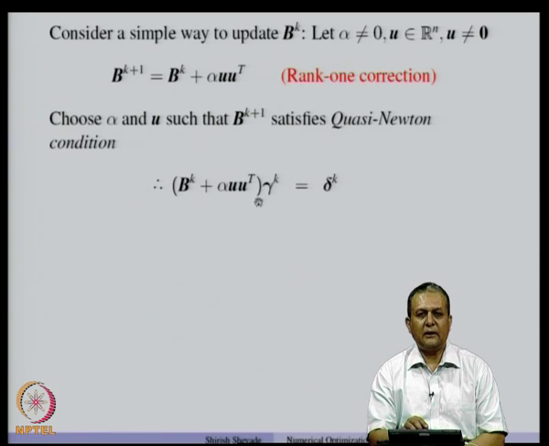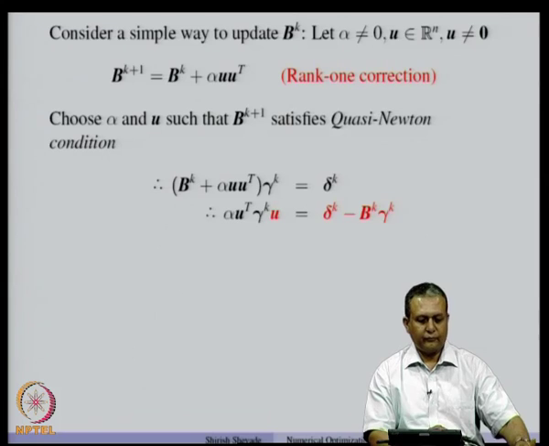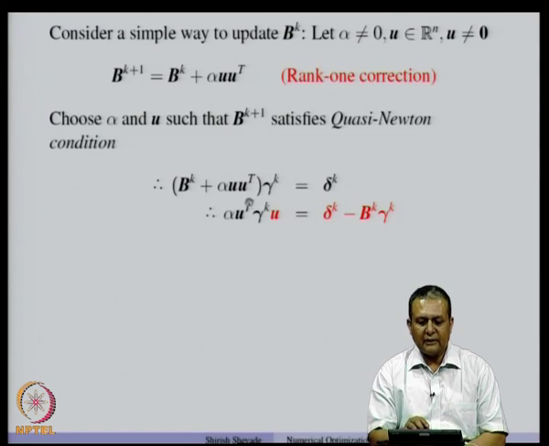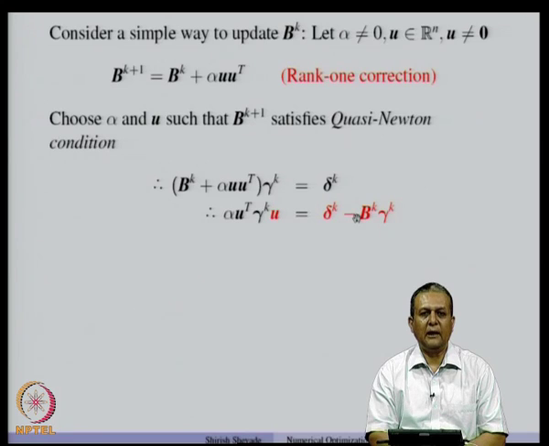As you will see, there are lots of possibilities to do this, and we will look at the simplest possibility. If we expand this and then choose u to be delta k minus Bk gamma k, then we can choose alpha equal to 1 over u transpose gamma k, or in other words alpha u transpose gamma k to be 1, and then that will satisfy this equality, and Bk plus 1 in this case will satisfy quasi-Newton condition.